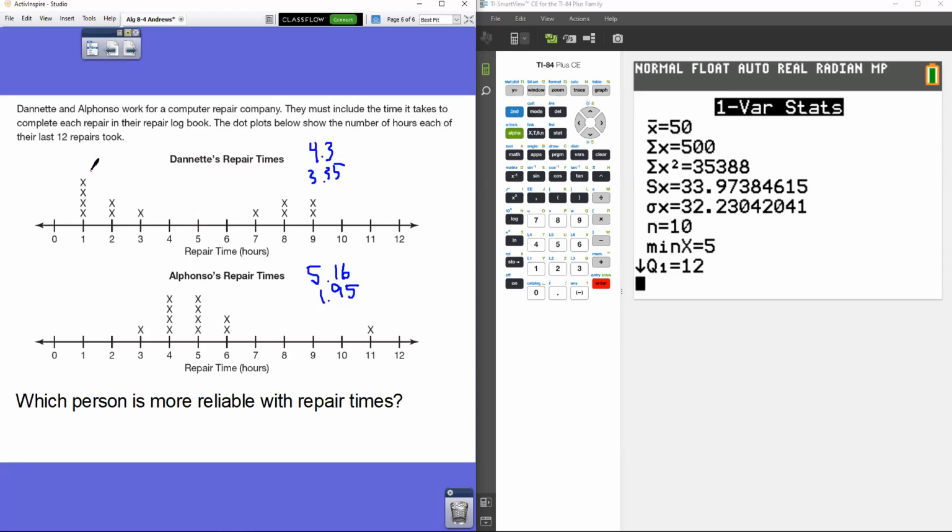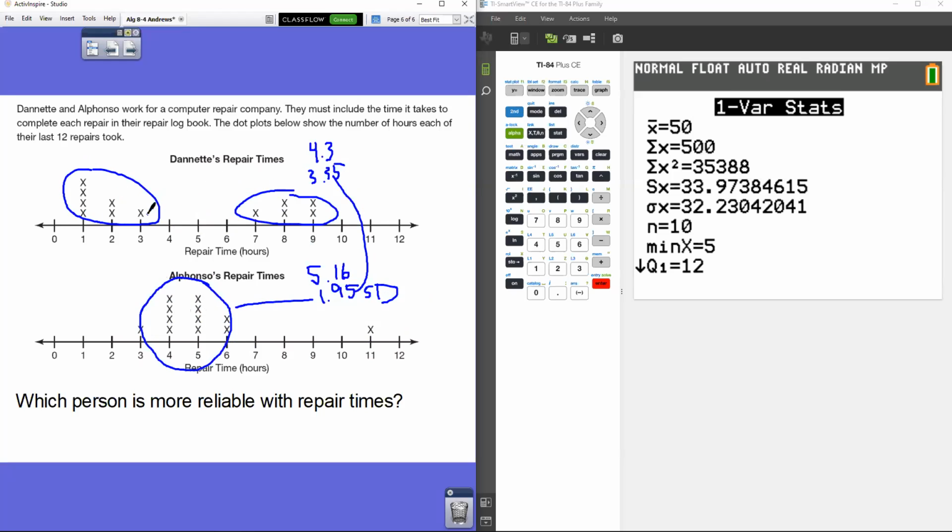She either does things really, really quick or really, really slow, where Alfonso is sort of in the middle here, and he's consistent at his times. Now, there's one little outlier here, but he's very consistent with his times. I know that he's more consistent because our standard deviation was a lot lower compared to Danette.